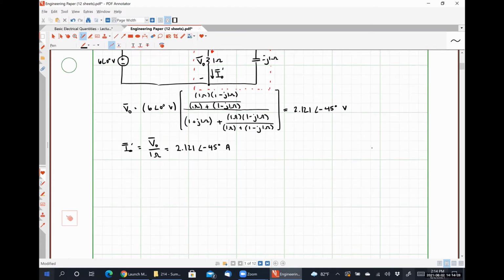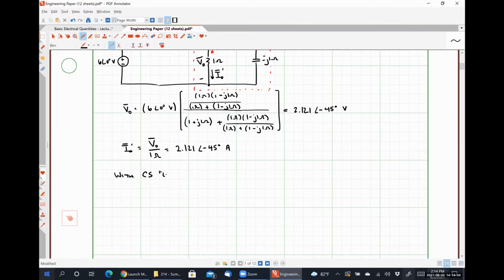Now I need to repeat with my current source on and my voltage source off. So with my voltage source off, I need to replace my voltage source with a short circuit.